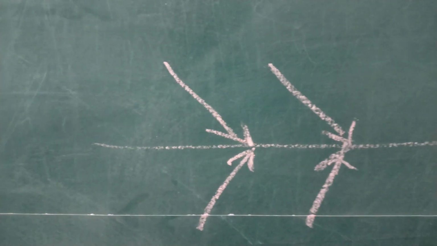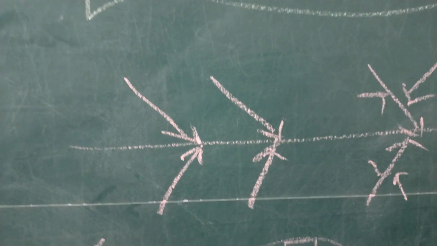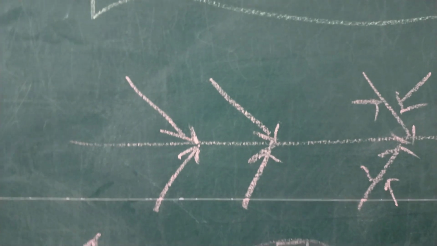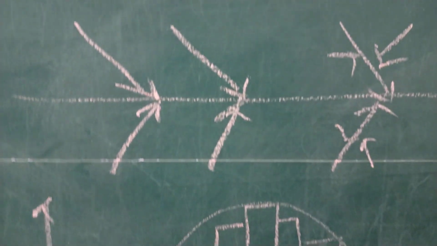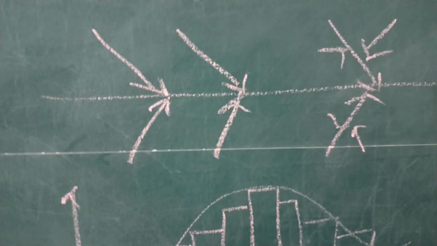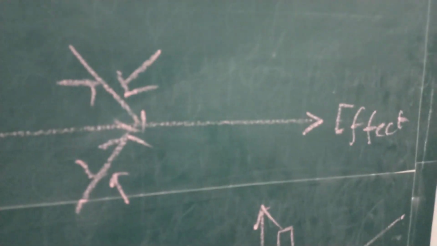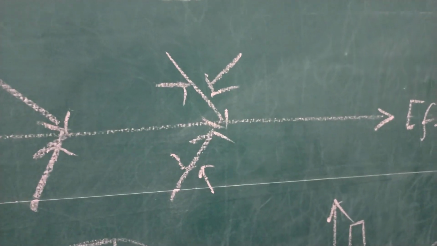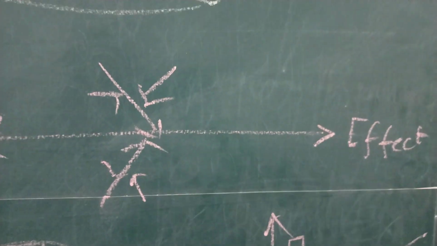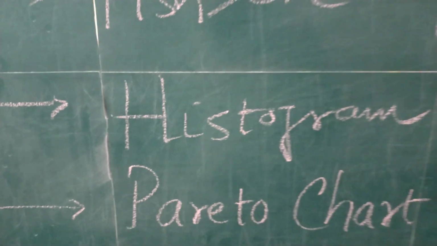This is used when we want to do a root cause analysis of a problem, an issue, something which has failed in the field, or any product or process which has failed. Here we find the root cause, and then we put the long term and short term action plan. So this is one of the tools for root cause analysis.